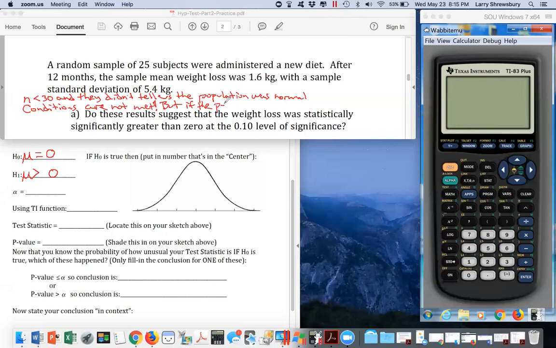But if the population had been normal, then this would have worked, and this is what we would have done. And then we'll go ahead and do the work. So you're seeing both scenarios covered with binary data and quantitative data where the conditions could possibly not be met, and what to do about it.